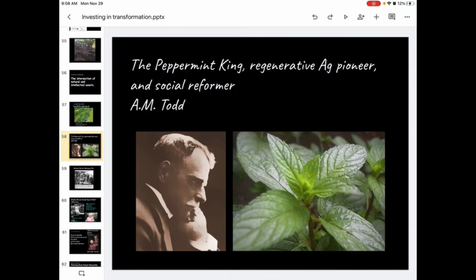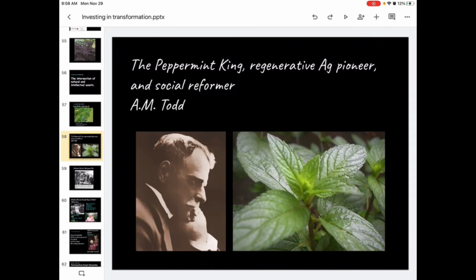What's really interesting, though, is that he started out with almost nothing. He started out from a low-income family with older brothers, so he received no inheritance of any sort. But he had a passion for peppermint. His passion grew from the time he was a kid, selecting peppermint, growing peppermint.